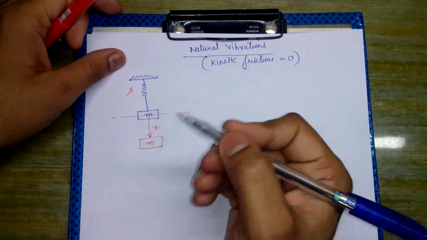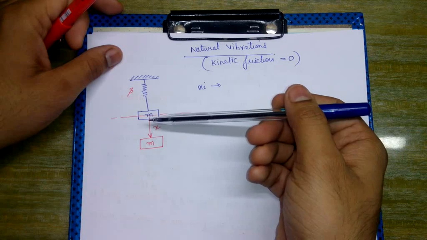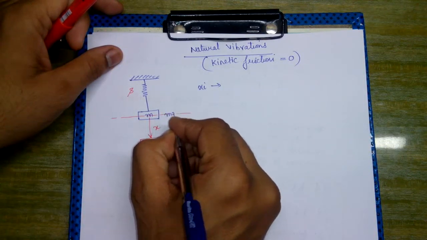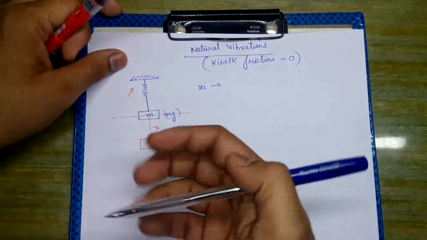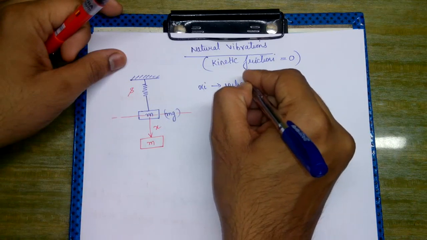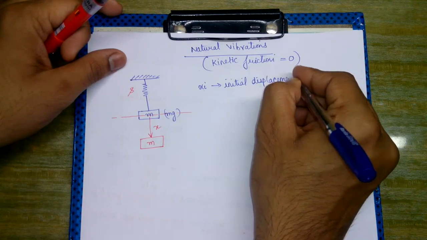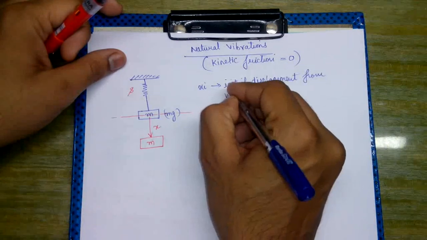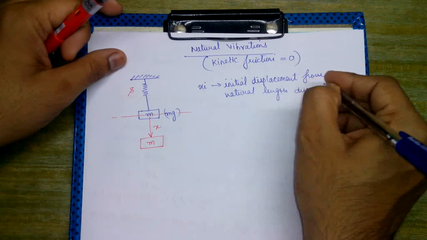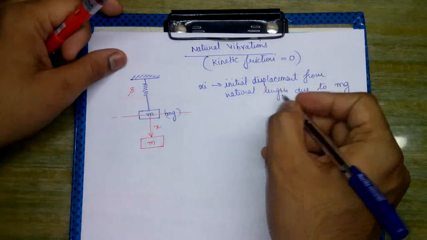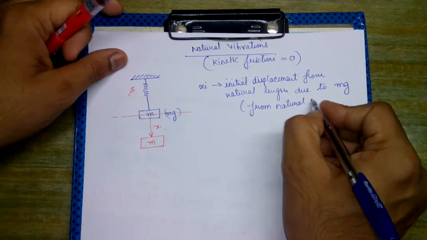Okay, so let us assume that initially xi is the displacement from the natural length due to this weight mg. Okay, xi is our initial displacement which will be produced due to this weight. So it is the initial displacement from the natural position due to mg.